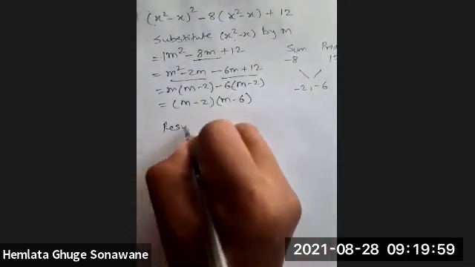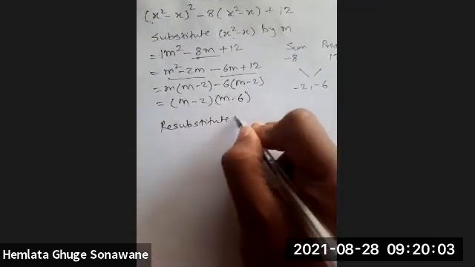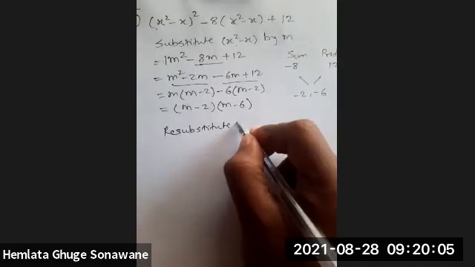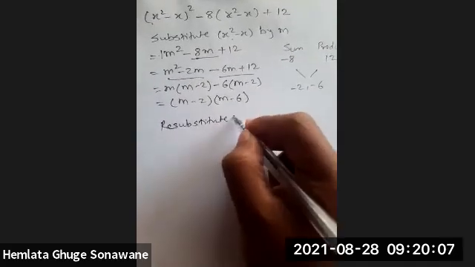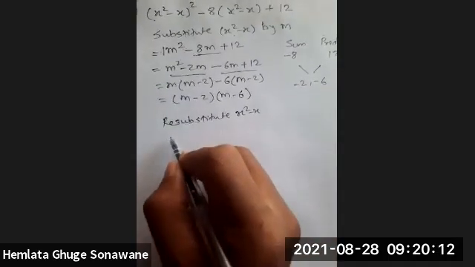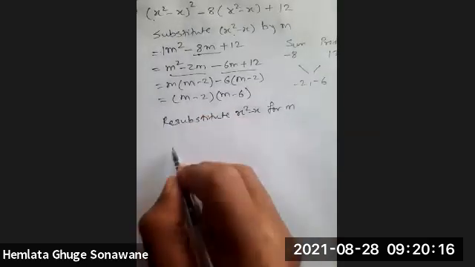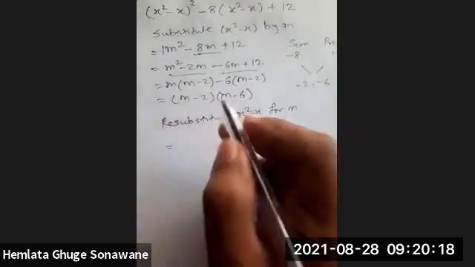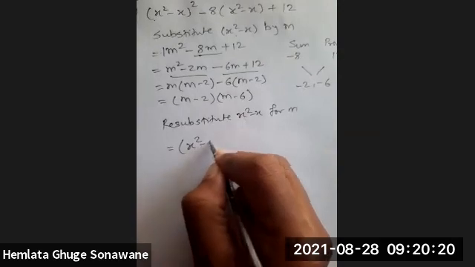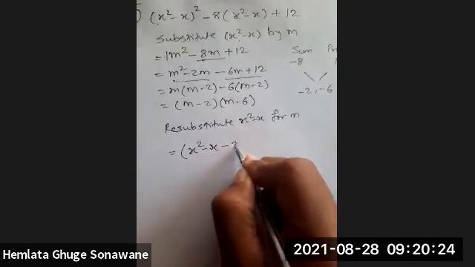So resubstitute for m. Here we'll write this bracket m minus 2 as x square minus x minus 2.